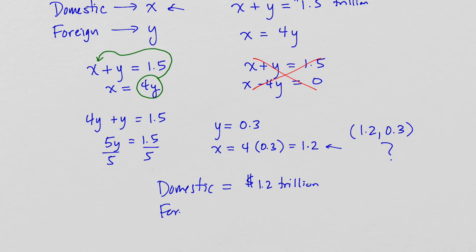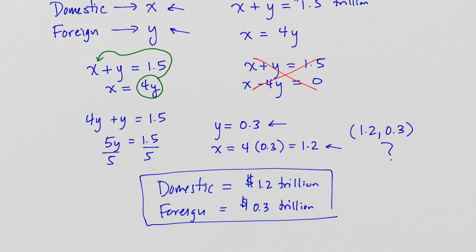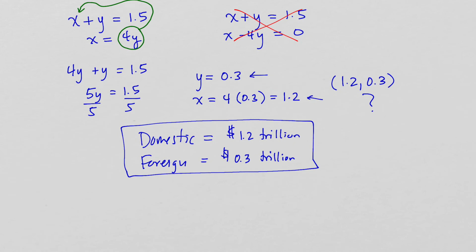And the foreign tourists, which is the Y variable, brought in $0.3 trillion. And you could leave your answer like this. This is fine. But I should note that 0.3 trillion is the same as 300 billion. Right? That's just a small note there.